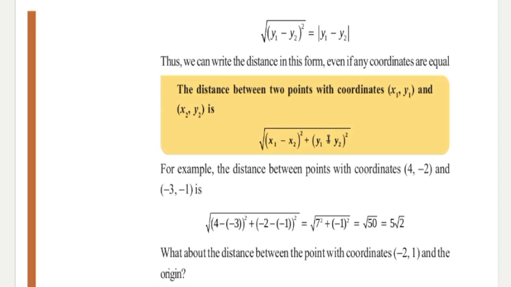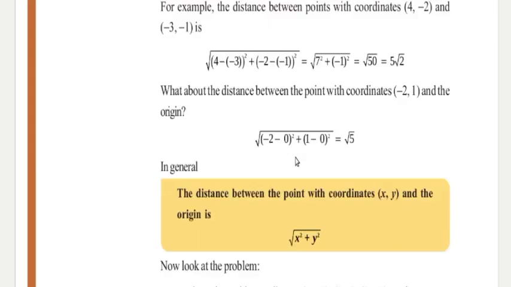So the distance between the points (x1, y1) and (0, 0) is the square root of x1 square plus y1 square, or x square plus y square. The distance between the point with the coordinates (x, y) and the origin is root of x square plus y square. So these two are the new results for us.